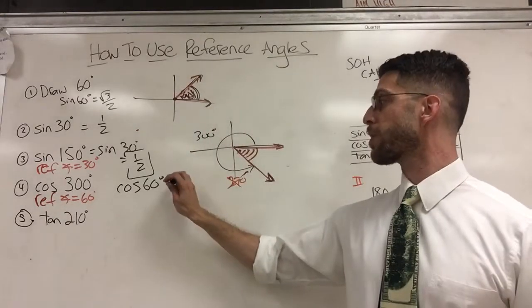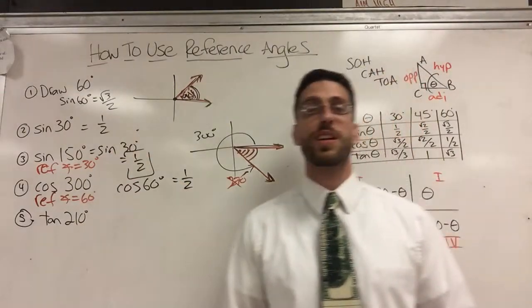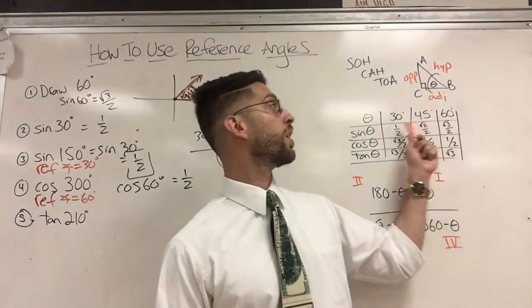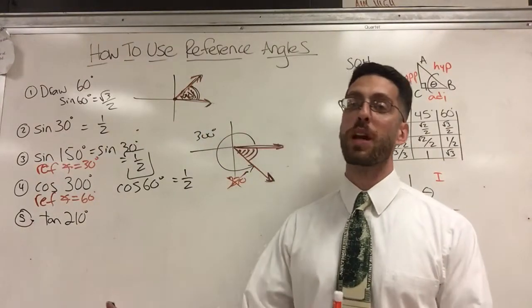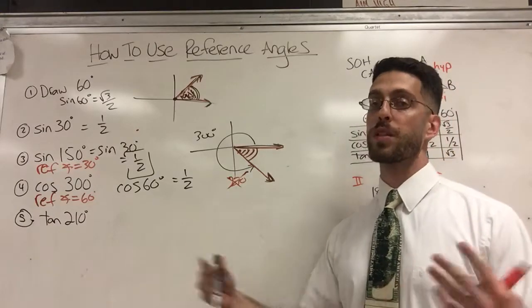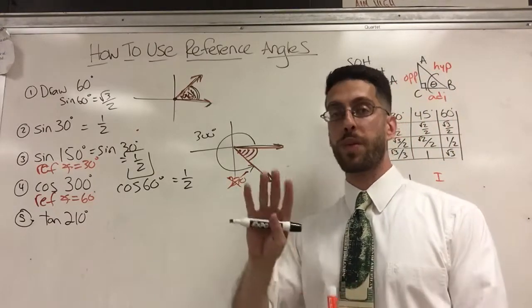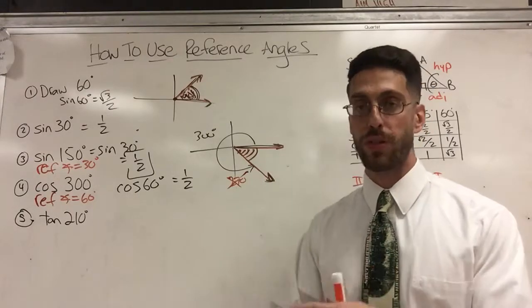So my answer is 1/2. Coincidence that they're all the same? Kind of, but you're only going to get so many numbers because I'm specifically going to my special angles. If they ask for other angles, then you might have to run to the calculator. So they wouldn't say exact value. They would say round to the nearest 4th decimal place, right? Not the tenths, not the hundredths, maybe the thousandths or the 10,000ths.